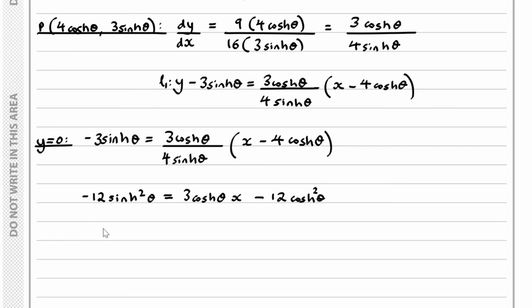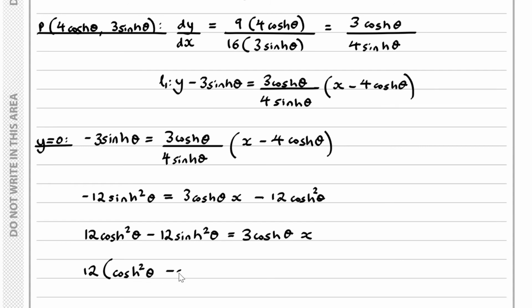And a bit more rearranging, we have 12 cos squared theta minus 12 sin squared theta equal to 3 cos theta x, and we can factorize out a 12 here, so we have cos squared theta minus sin squared theta equals 3 cos theta x.